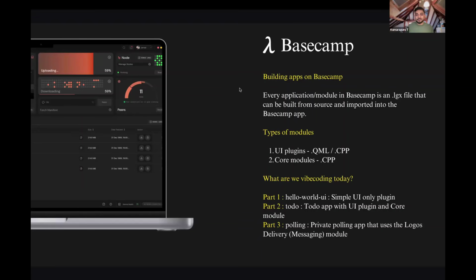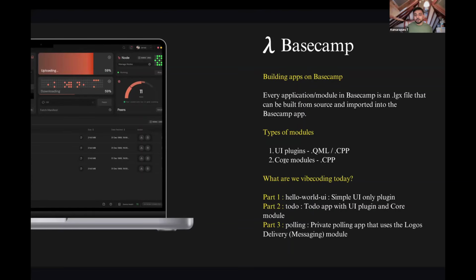So building on Basecamp, you build .lgx files. Every single module or plugin that you build on Basecamp is basically a .lgx file that you can compile from source. And again, there are two types of modules, like I mentioned before. There are UI plugins, which are the front end side of your modules, and these can be built with .qml, which is the Qt format, and .cpp, which is C++.